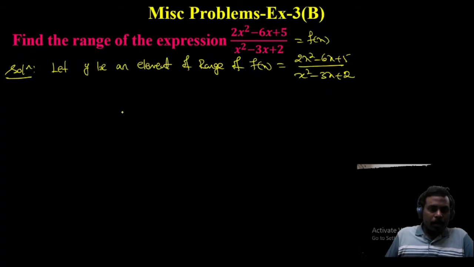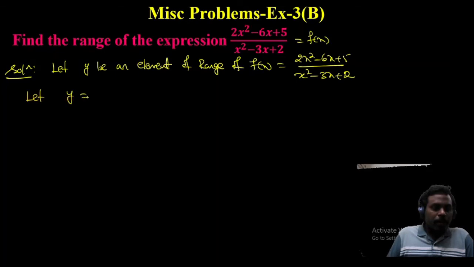Okay, now how do you find out the range? Actually we will equate f of x equal to y and then find out the value of x. Now let me do the same method.